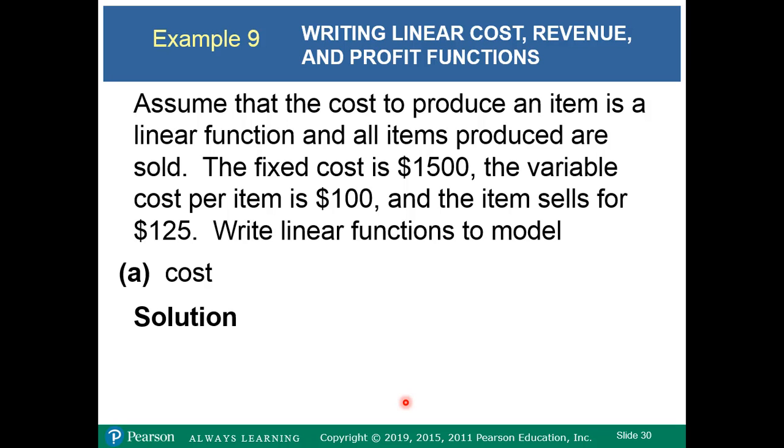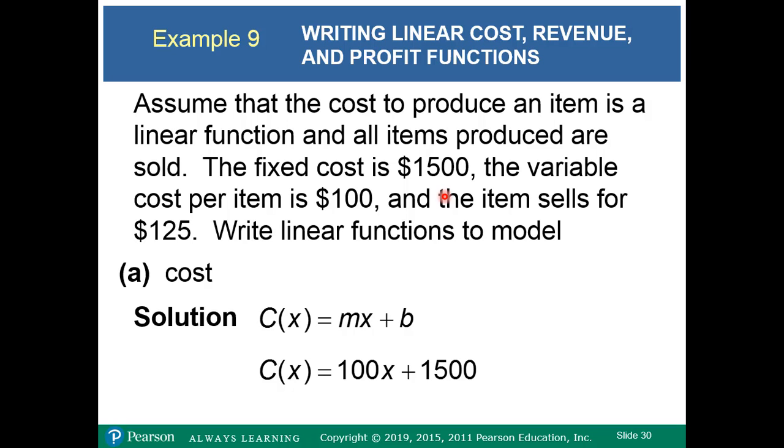In this case, it's $100 per item. So the cost function is the sum of those two pieces: the marginal cost times x plus the fixed cost. In this case, m is 100 and b is 1,500. And so there's the cost function.